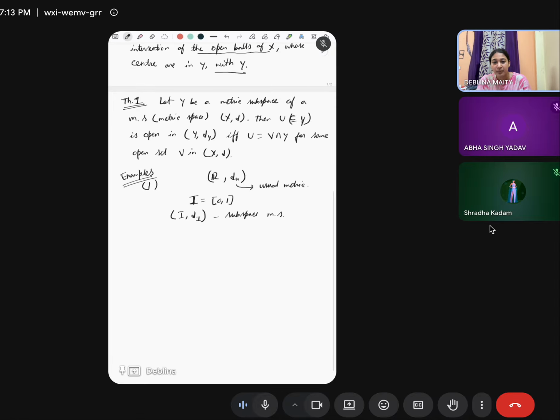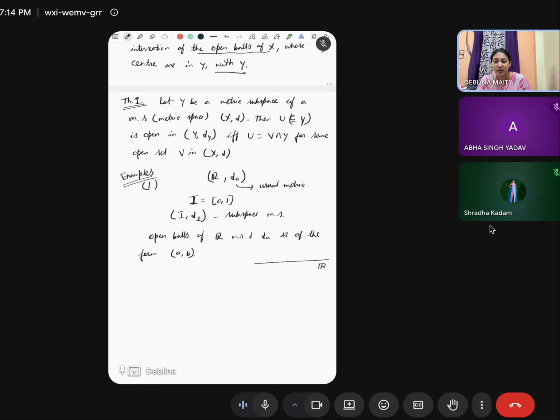So in R, every open ball with respect to this usual metric d_u is of the form (a, b), right? I am not saying open sets.